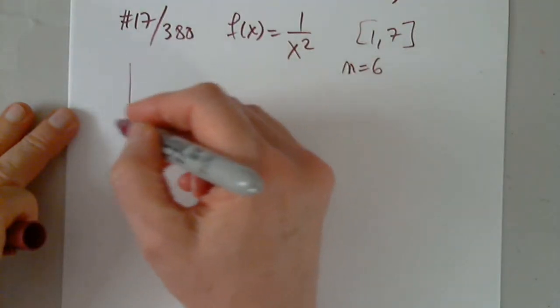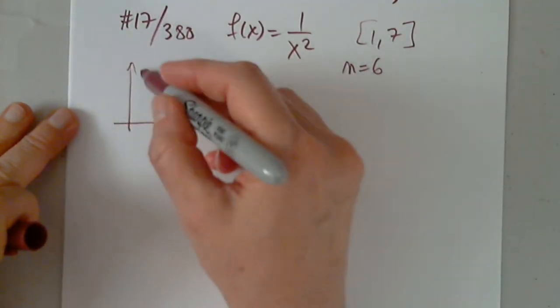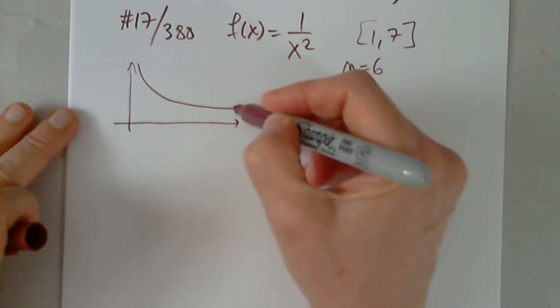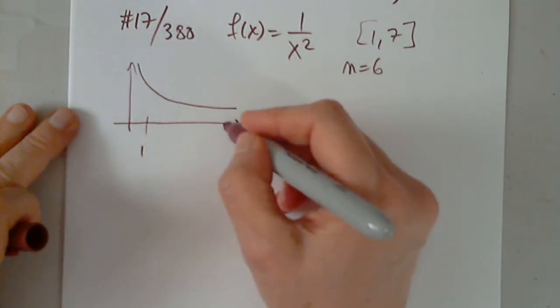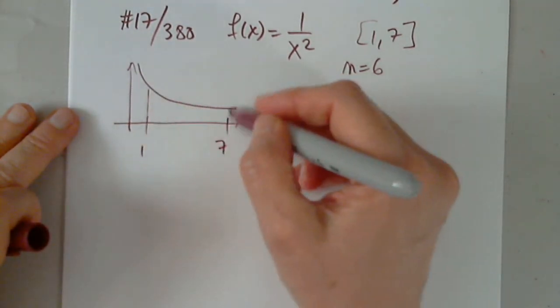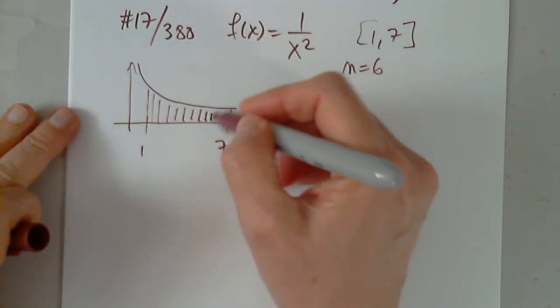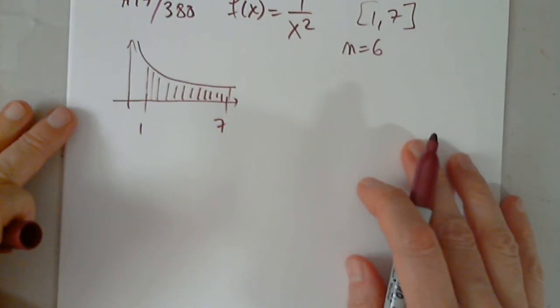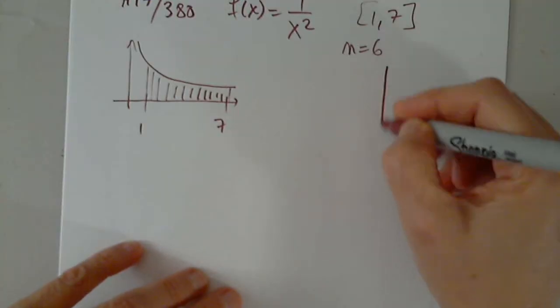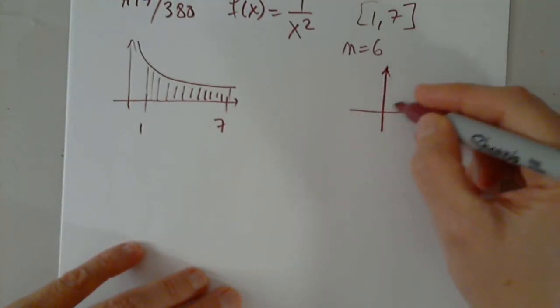If we graph the function, you will see that this is the graph, and this is 1, and somewhere here I have 7, and this is the area in question. We want to approximate it. Before I do this, I want to show you that some areas could be negative.